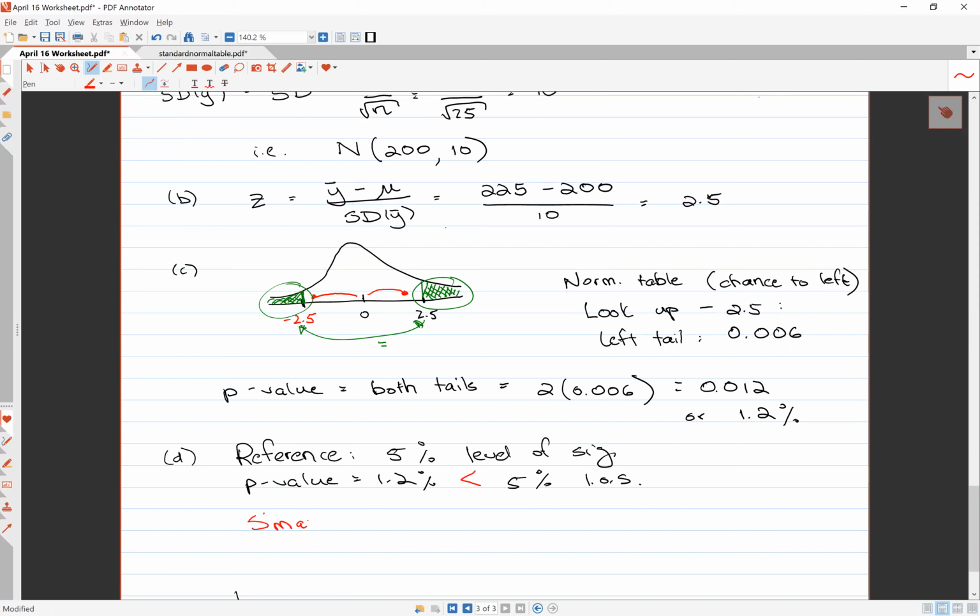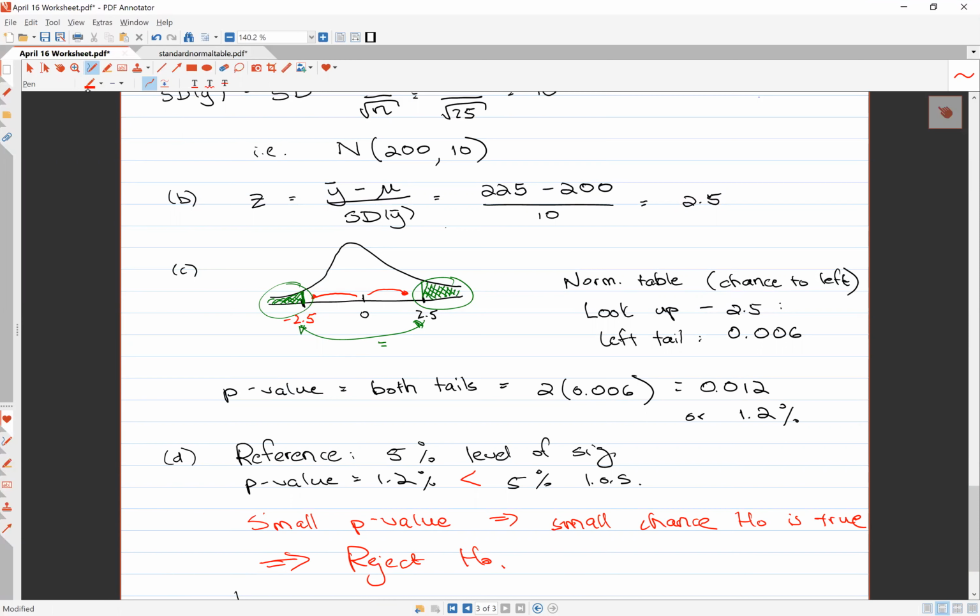So here we would have a small p-value, which means we only have a small chance that H0 is true. And if that chance is small, we reject the null hypothesis because it only has a small chance of being true.